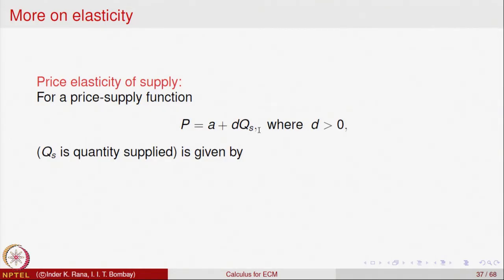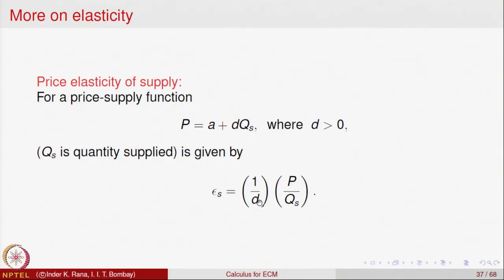What does that mean? That means if D is positive, as Q increases, as the supply increases, quantity is supplied. So, this is the relation between the slope here, D is positive. So, as the supply increases, the price will drop.